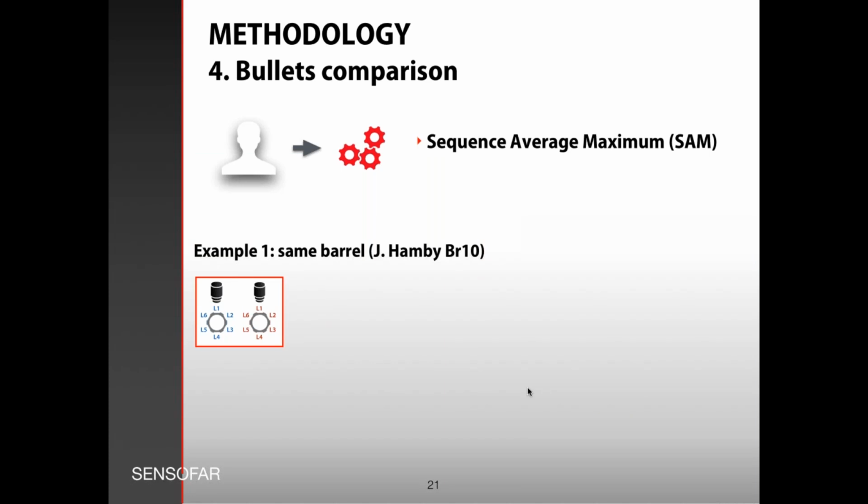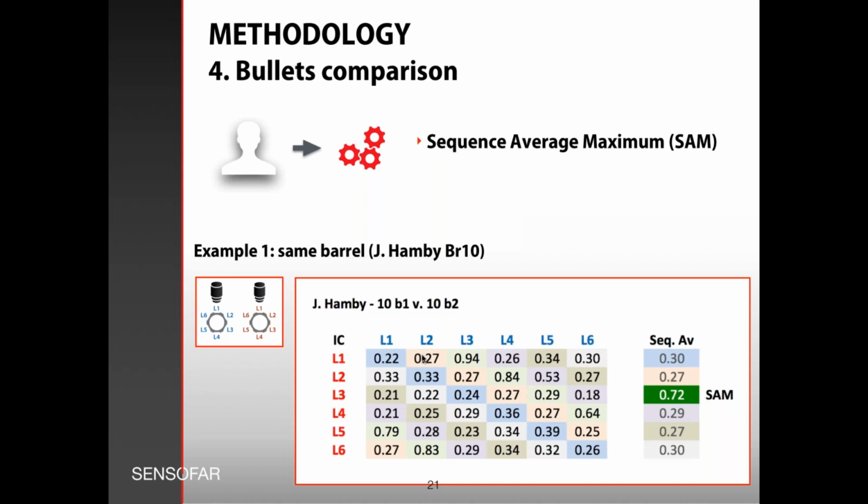For that, we have created what we call the sequence average maximum score, and this score is calculated by taking every possible single phase or sequence. For example, this principal diagonal in blue, we take this average and we note it here is 0.3.